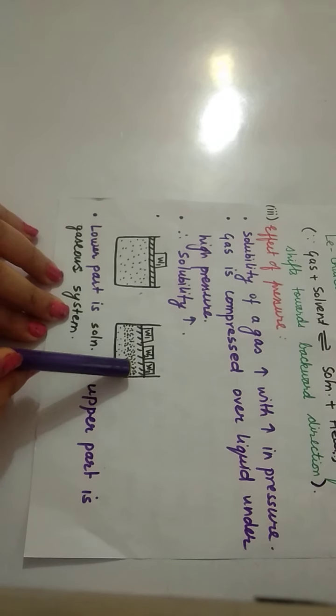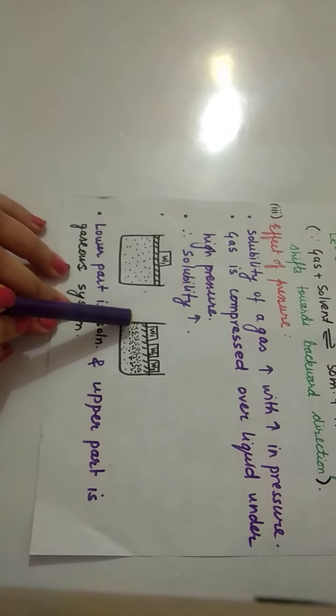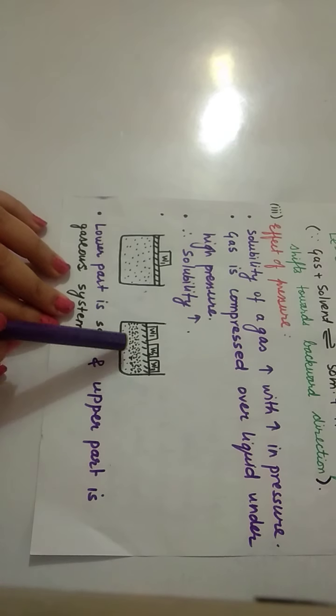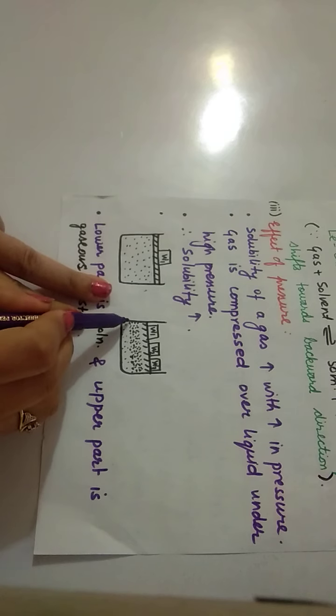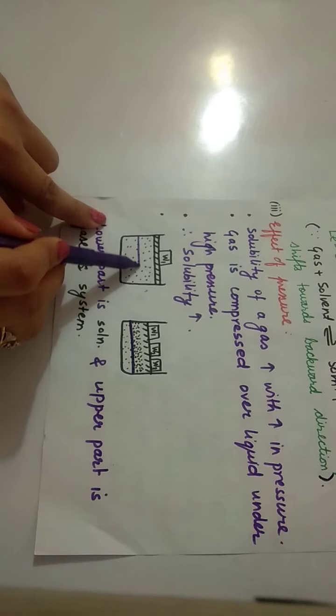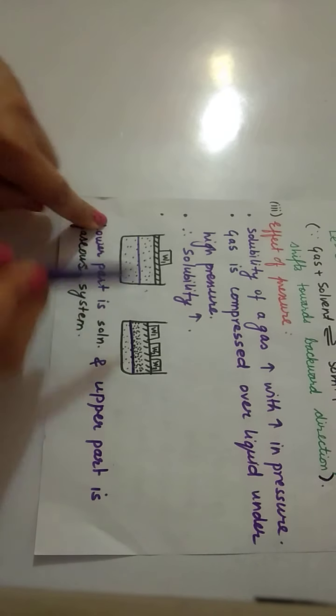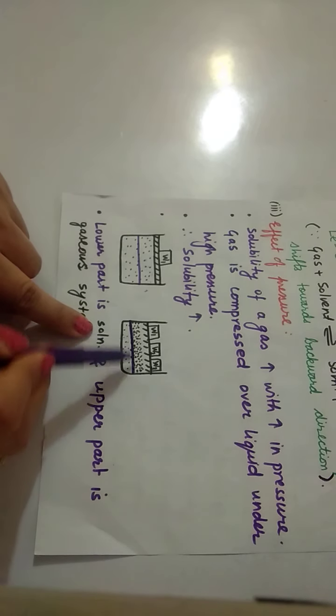So when they compress, they become closer to each other, and the volume of the gas decreases, and the number of particles over the surface of liquid will also increase. Earlier the number of particles over the surface of liquid, you can see, were less, but now they have come closer.